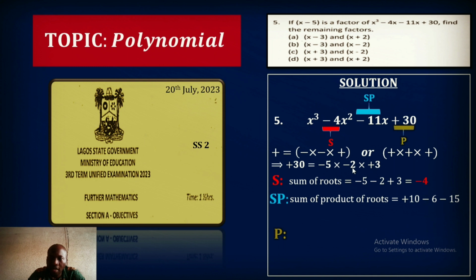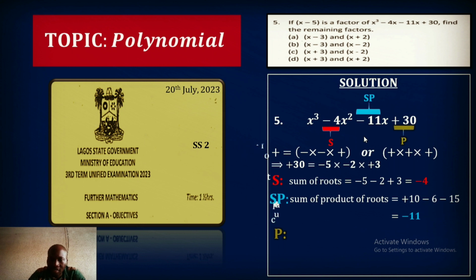If I multiply minus 2 by plus 3, I'm going to get minus 6. Then I will add that to the multiplication of minus 5 and plus 3, and that will give me minus 15. So if I add up these three numbers, I should have minus 11, and that takes care of the sum of product of roots.